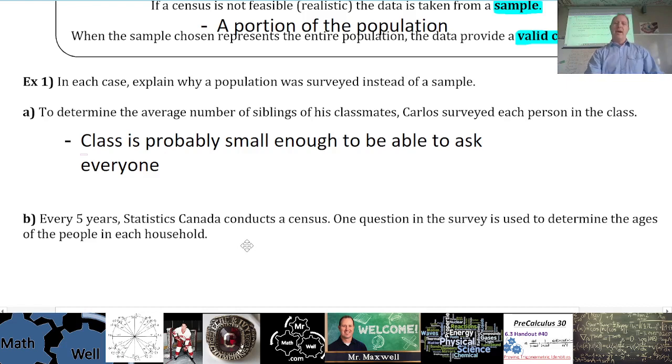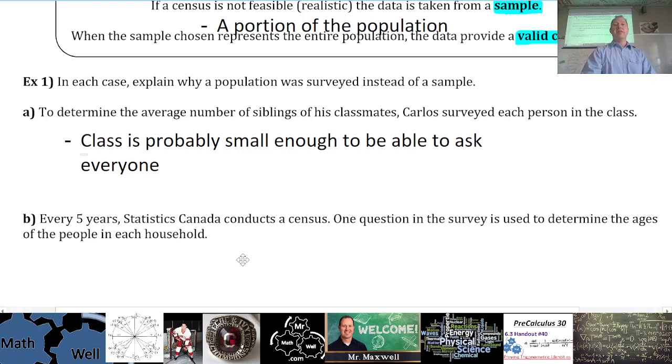Yeah, you're right. So a census, asking everybody in the population the ages of the people in the household, would take a lot of time and a lot of resources, but it's pretty important that they have accurate information because of what I mentioned earlier, right? The government programs, the schools, the play parks, the roads, everything like that.